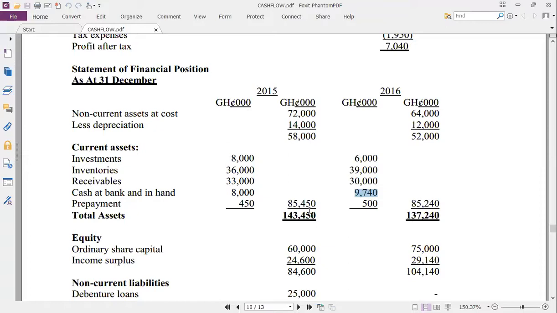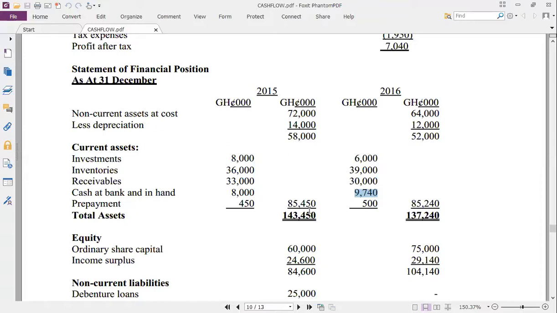Say bonus shares of 5,000 cedis. So if the total movement is 15,000, 5,000 is bonus. The remaining part was for cash. So we are looking for cash movement, not bonus movement or any item that does not come with cash flow. Exactly.